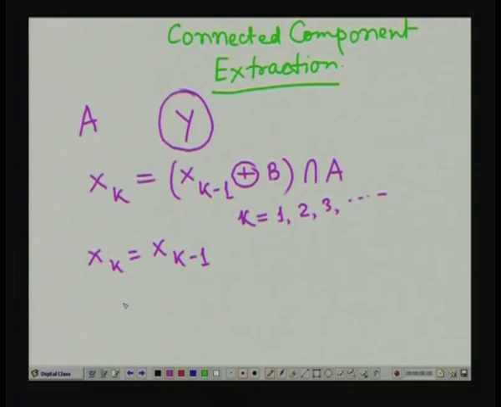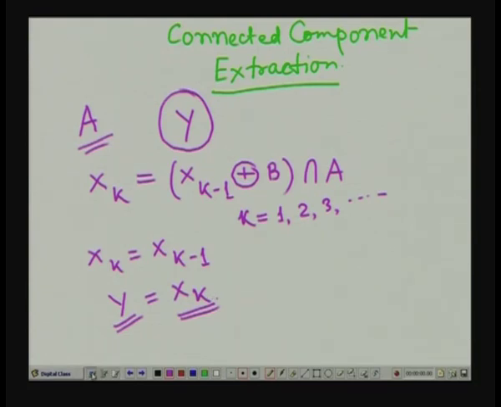In that situation, when you reach the convergence, we will find that y is nothing but x_k, where y is the connected component in the point set A, and by this algorithm we will be able to include all the points of the component in our point set x_k, which we achieve when the algorithm converges.